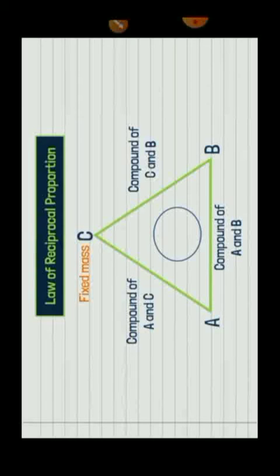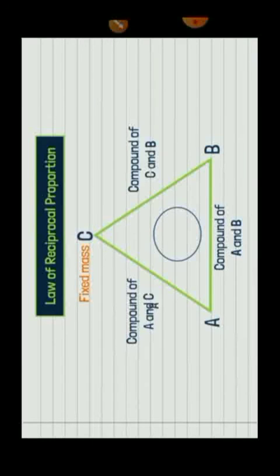Suppose we fix the mass of C. Now C and A will form the compound of A and C, C and B form the compound of C and B, and A and B will form the compound of A and B. Here the ratio of A and B in the compounds of A and C and of C and B, and the ratio of A and B in the compound of A and B, will bear a simple whole number ratio, or will have the same value. Clear? But we have to fix the mass of any one element.